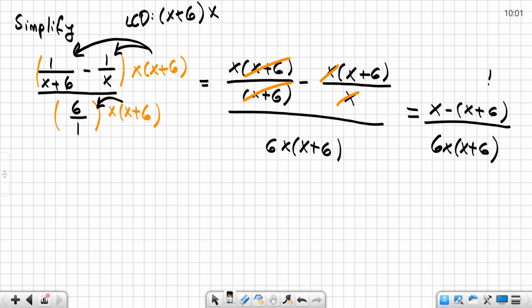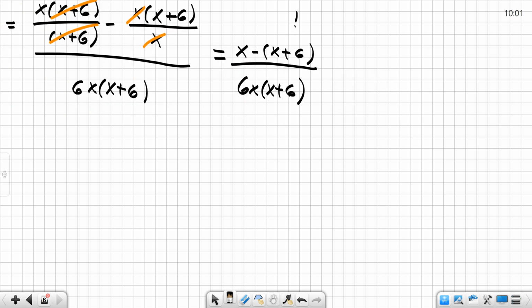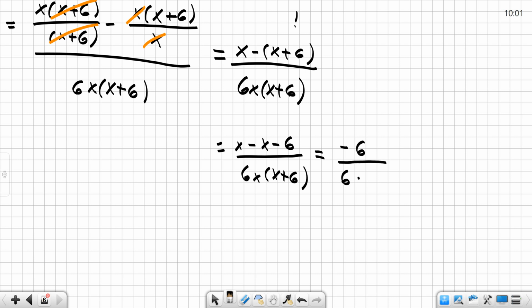Now, I'm looking at the top right there, and this can be simplified further. If I open up the parentheses in my numerator, then I get x minus x minus 6 divided by 6x times x plus 6. x minus x goes away, and I'm left with a negative 6 divided by 6x times x plus 6.